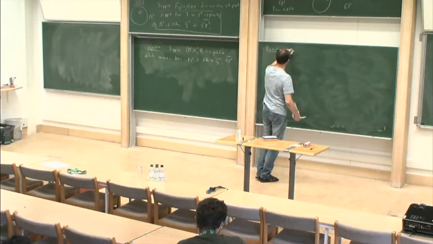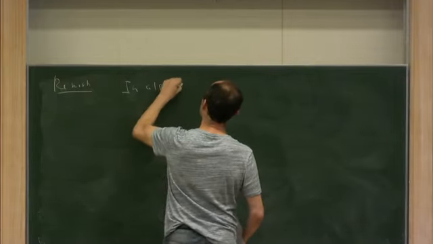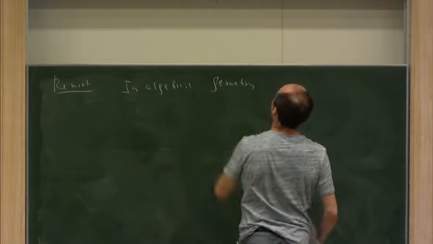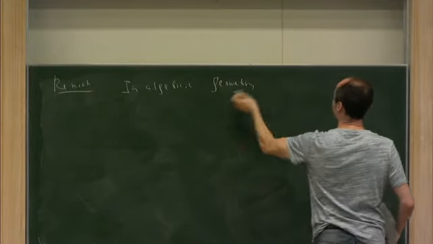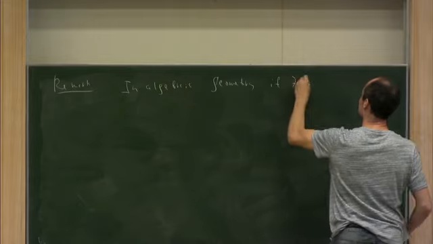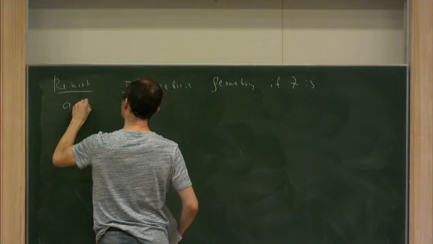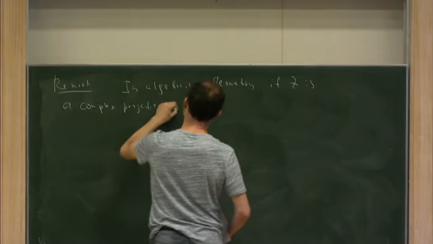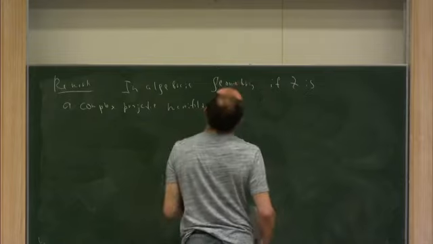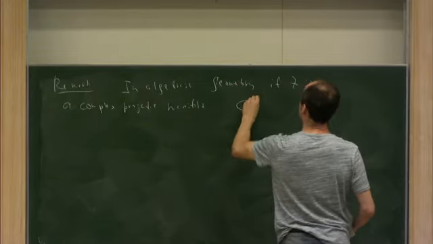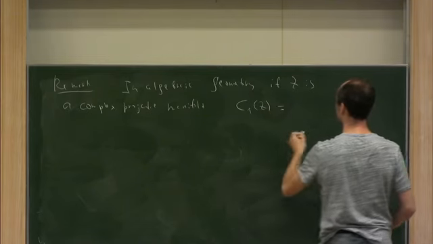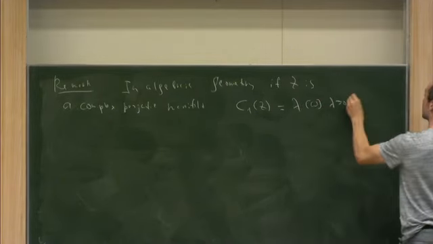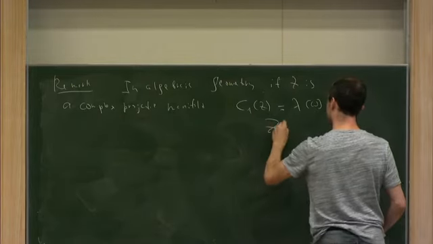So in algebraic geometry, if Z is a complex projective manifold, then this condition, C1 of Z equal to lambda times omega with lambda more than 0, means that Z is a Fano variety.